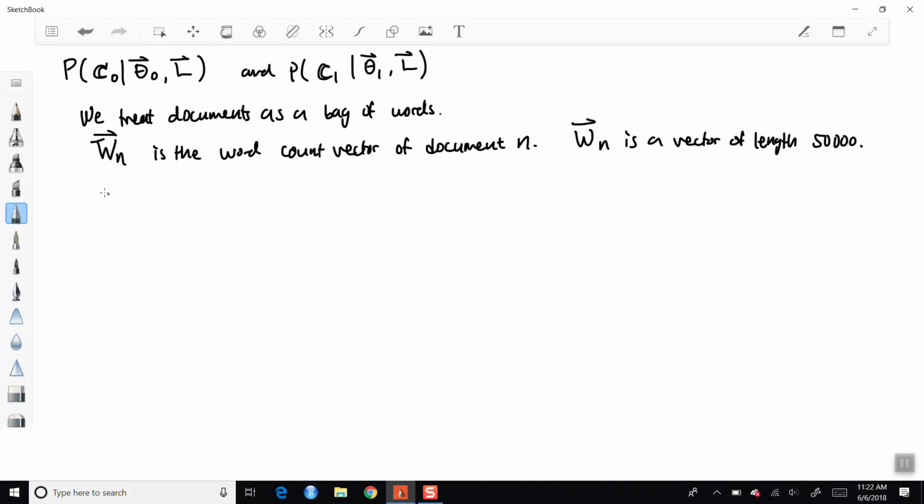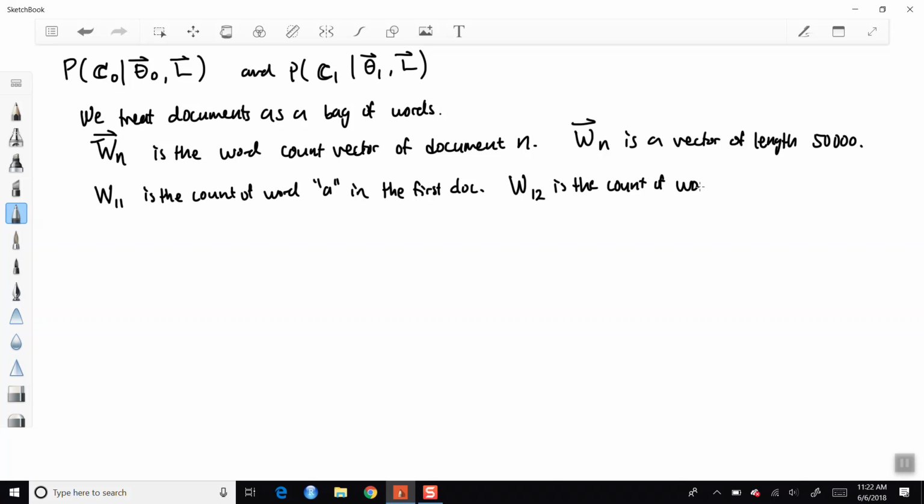Where W11 is the count of the word "a" in the first document, and W12 is the count of the word "aardvark" in the first document, and so on and so forth.